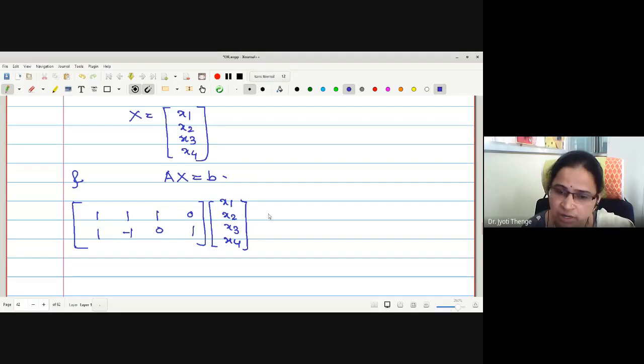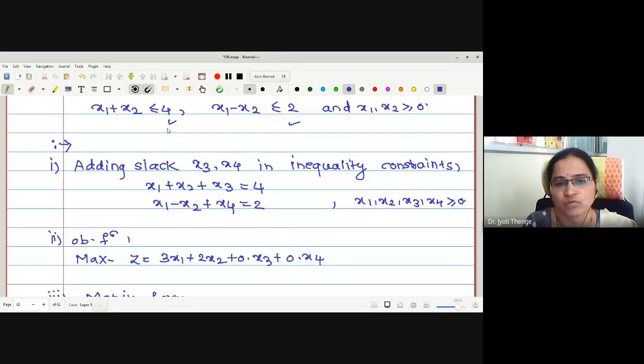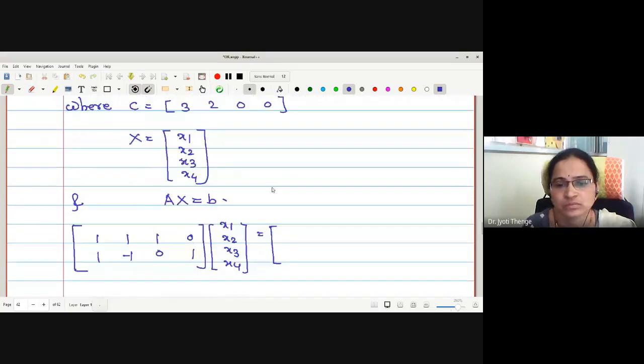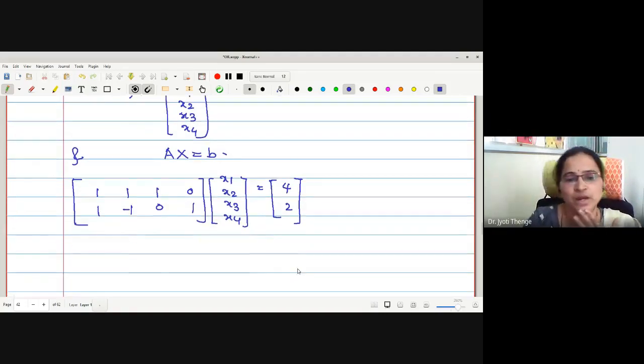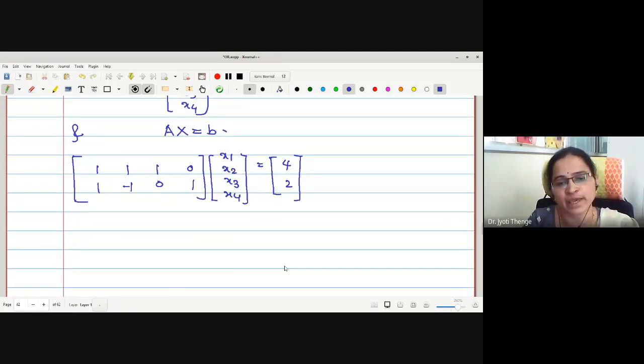What are the right hand side constants? 4 and 2. Right? This is what we have written in the matrix form. Now we have to select the initial basic feasible solution. We have two equations in 4 variables. Therefore, in order to obtain the basic solution, how many variables does one have to keep at 0?